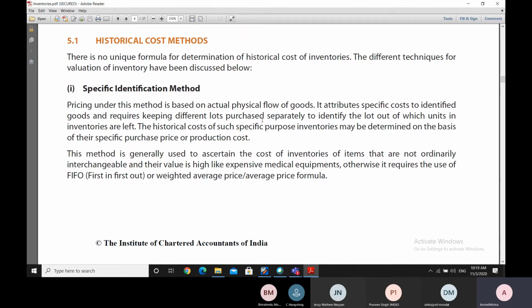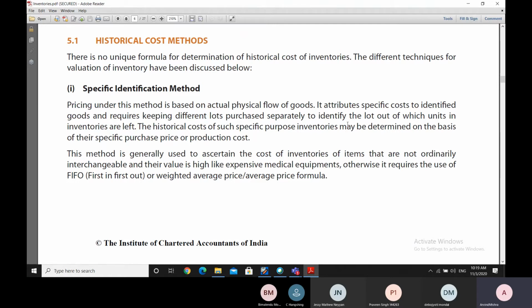Now, under this method, because this method is based on the actual physical flow of the goods. Now, this method attributes specific costs to identified goods and requires keeping different lots purchased separately.